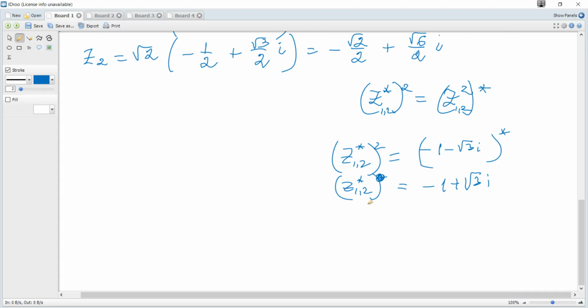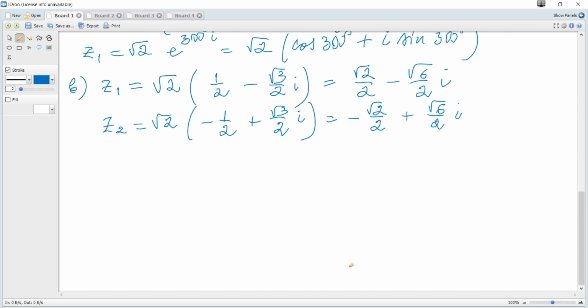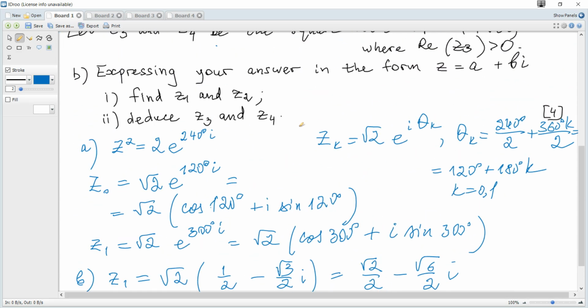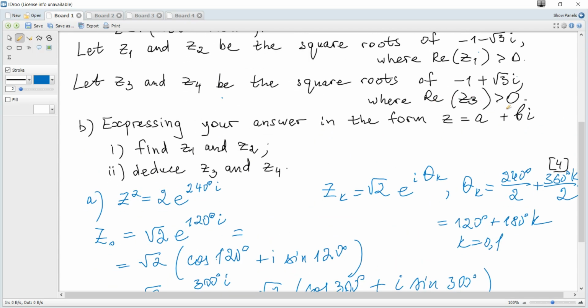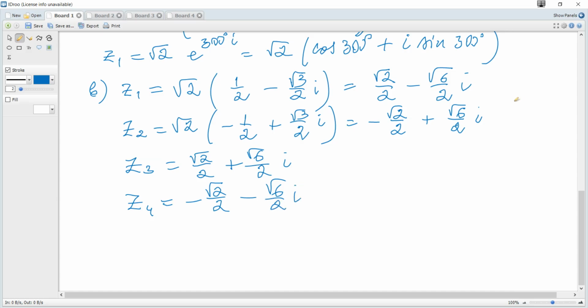So you should deduce that solutions are just complex conjugates. And the real part of Z3 is positive, so Z3 is root 2 over 2 plus root 6 over 2i, and Z4 is negative root 2 over 2 minus root 6 over 2i.